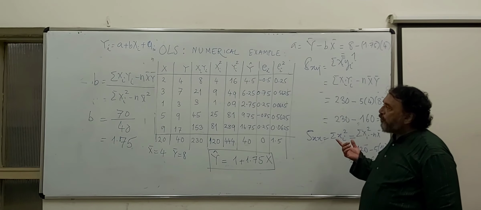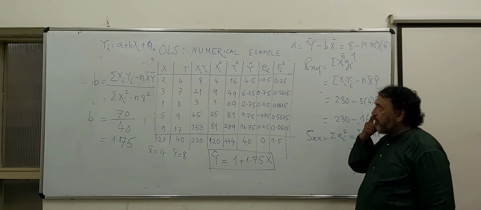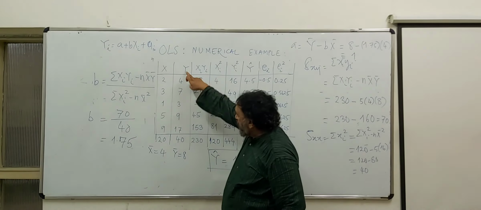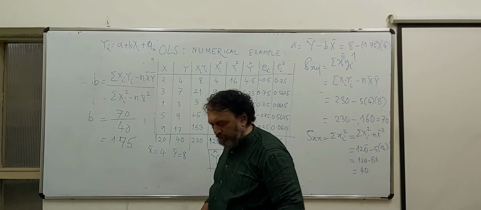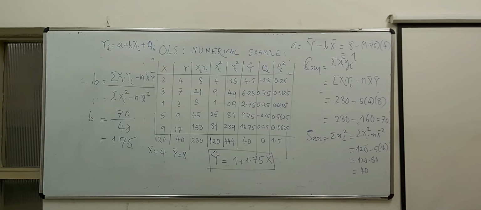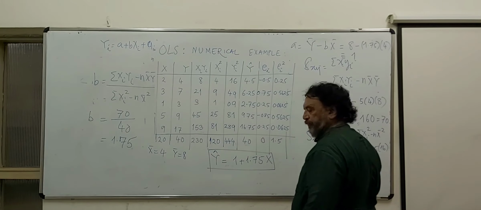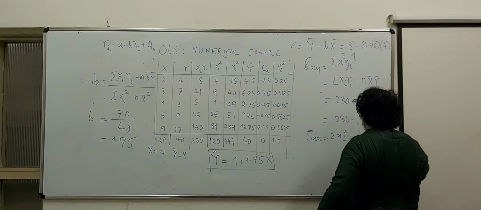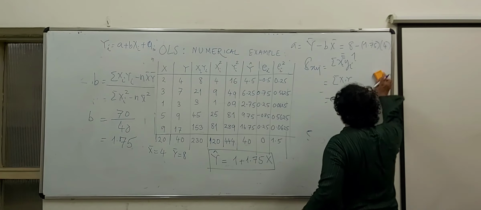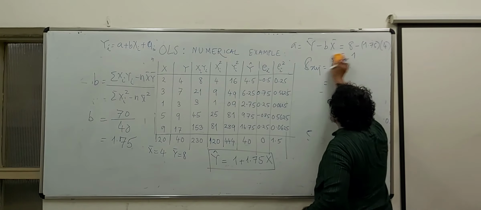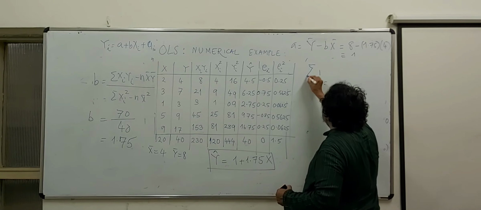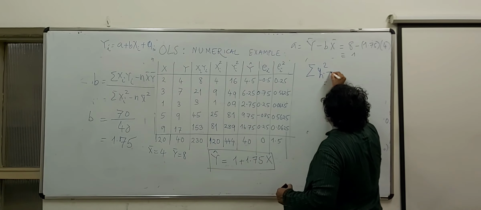What is the variability of y? Can we talk about variability of y? We can, because we have got summation y_i square and we have got the mean of y. The variability of y will be given as, just as we did in the case of x, we can compute the sum of squares of variations of y, that is summation y_i square.